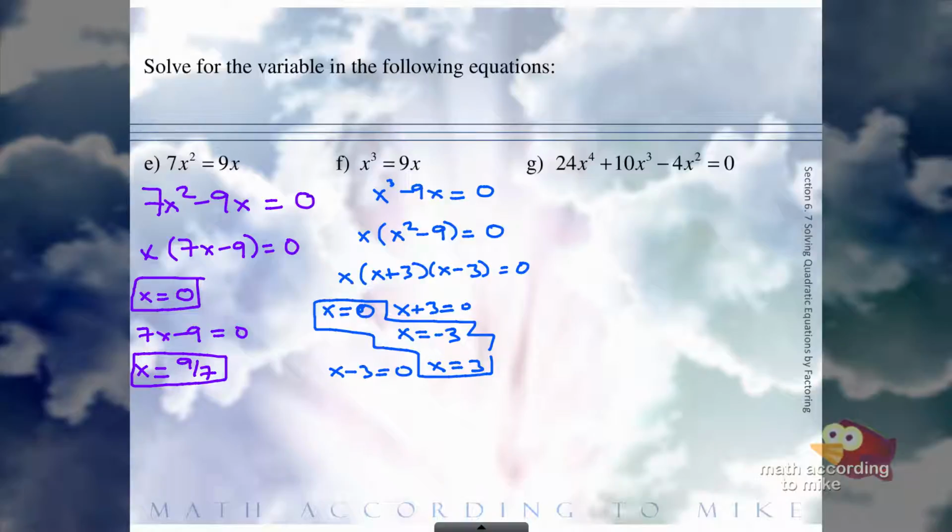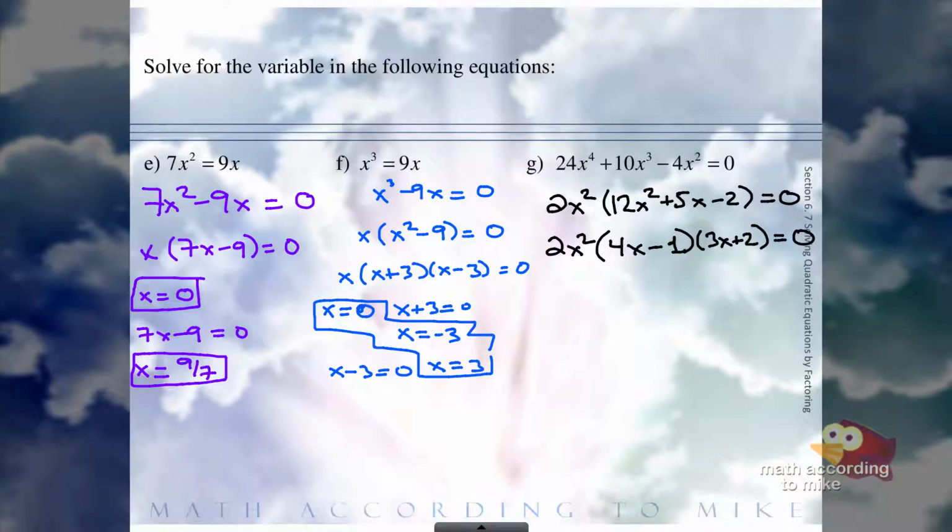And lastly, in Part G, we have a greatest common factor of 2x squared. If we pull out a 2x squared, we would be left with 12x squared plus 5x minus 2. The 2x squared copies down. 12x squared plus 5x minus 2 factors as 4x minus 1 times 3x plus 2.